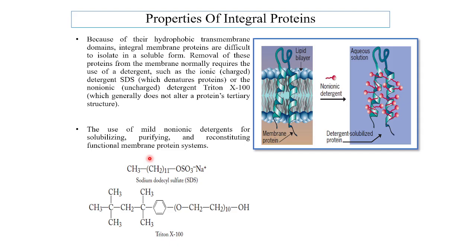So mild non-ionic detergents are used for solubilizing, purifying, and reconstituting functional membrane protein systems. This is the structure of sodium dodecyl sulfate, and you have Triton X-100 over here.